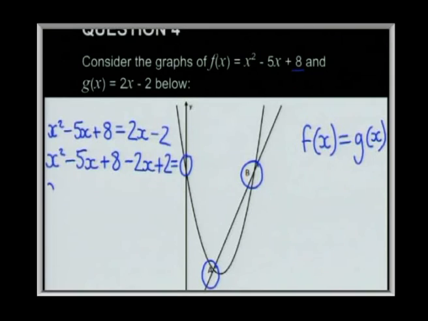I now need to add my like terms, and it becomes x squared minus 3x, I'm very sorry for those of you who spotted that mistake. It should be minus 7x and plus 10. In order to find the trinomial, we need to play around with the factors a little bit.